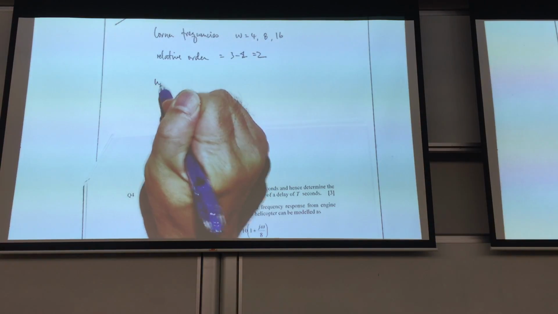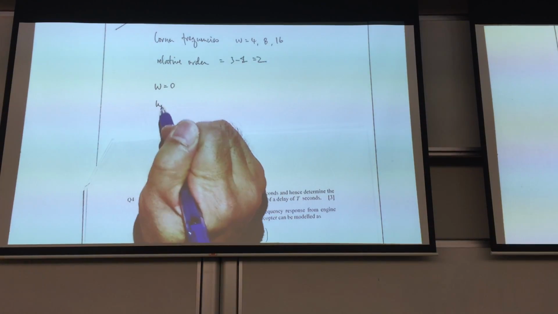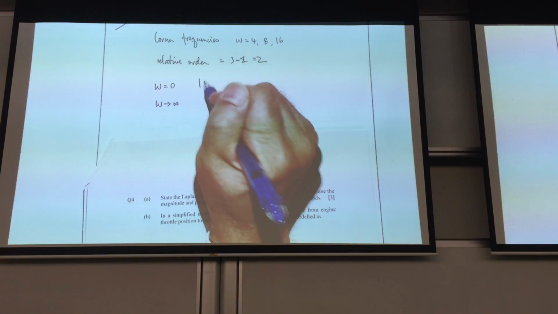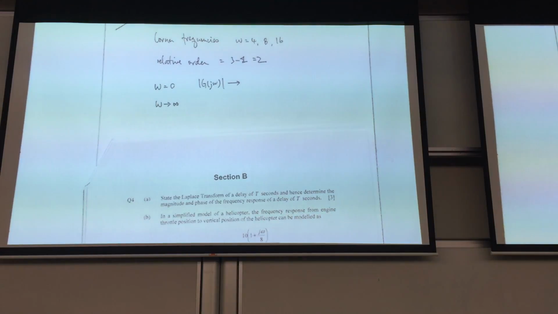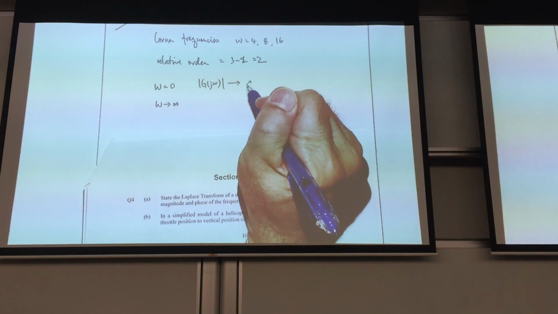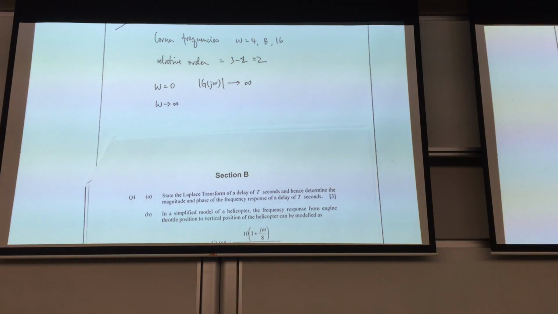So straight away, we know when frequency is very small, what will be your magnitude? As we discussed, anytime you have an integrator, magnitude will be infinity at low frequency.